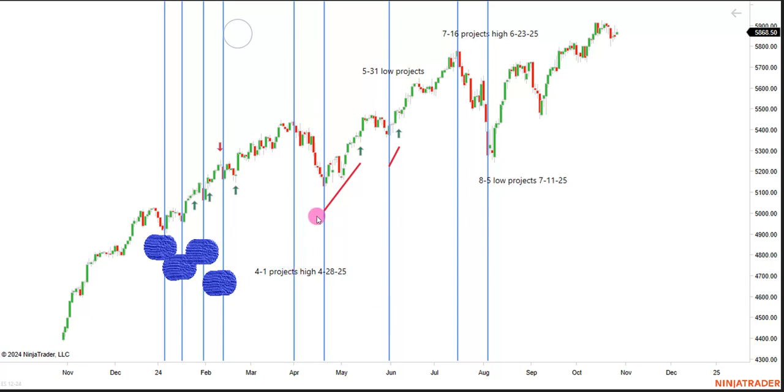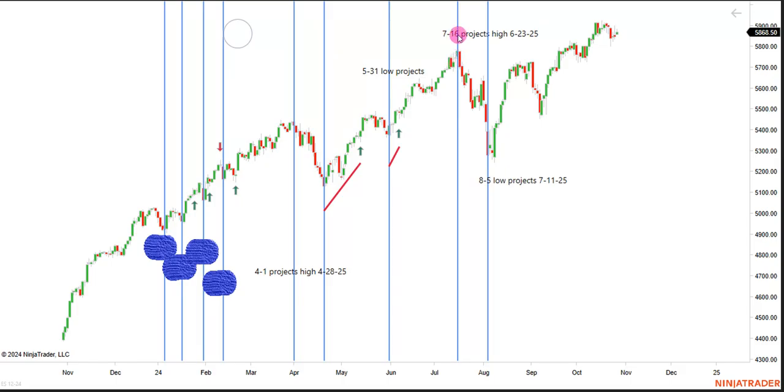The next pivot, projecting this low here, marked by the vertical line, projects to this low here, giving me this up move. This low here on 5/31 projects to this low right here. This is actually a pivot low. It's just a 1 day down move, but is a pivot low that puts you right back in front of that move there.